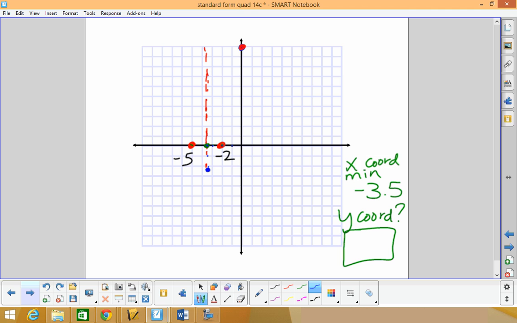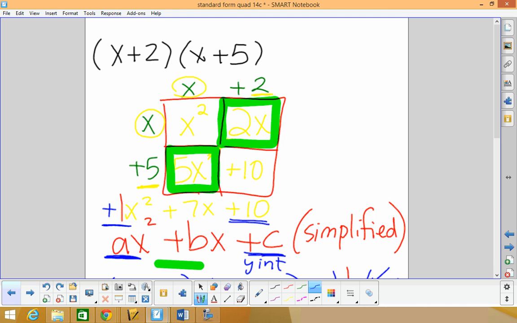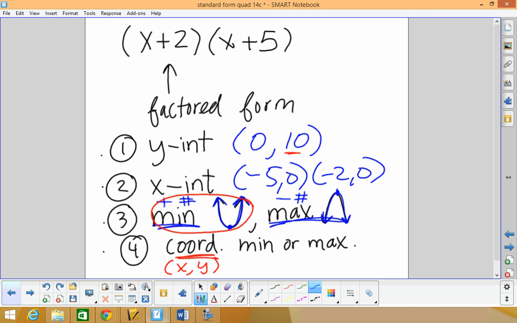And now all you need to do is connect your parabola through your y-intercept, through your x-intercepts, through your minimum. And the only thing that required a calculator was figuring out these values here that you may not have been able to do in your head. So the coordinate was negative 3.5, negative 2.25.